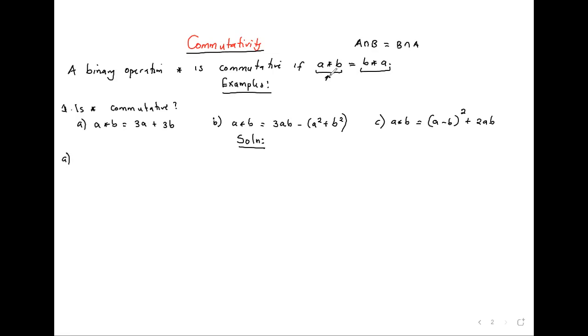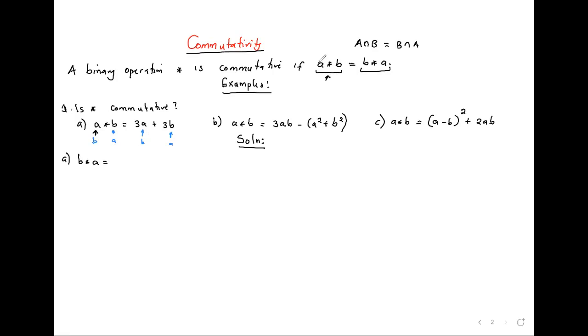Your job is to check what b star a is. b star a means in your question, where you have a, put b, and where you have b, put a. Do the same on the right. Where there is a, put b. Where there is b, put a.